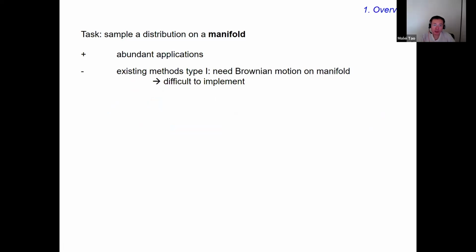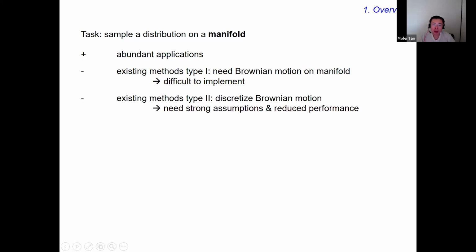So this problem of sampling from manifold is so important that there are actually a lot of existing approaches. Roughly speaking, you need Brownian motion on manifold, which is very difficult to implement. So that's why people have been discretizing Brownian motion so that you can have some implementable method.